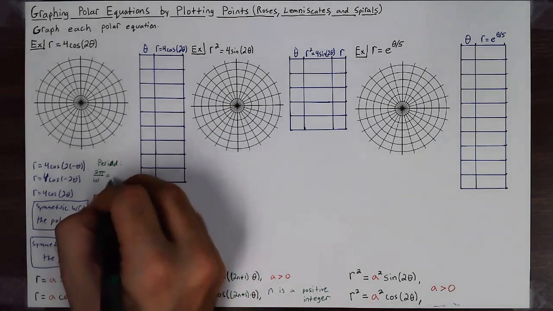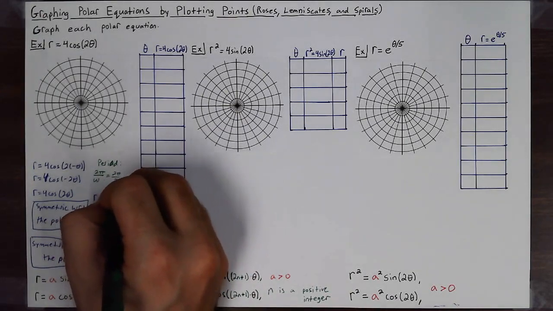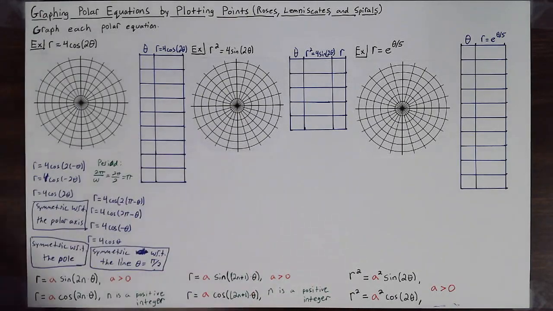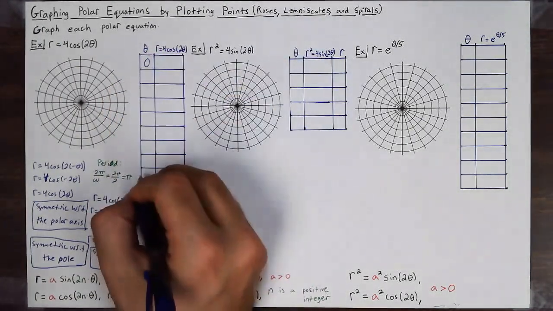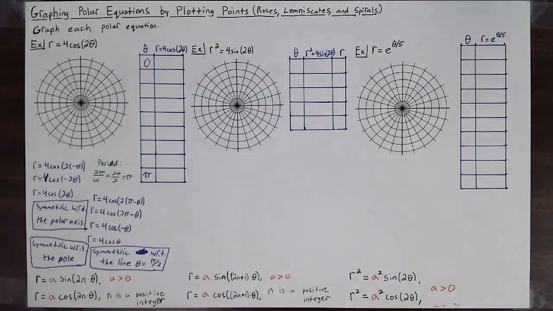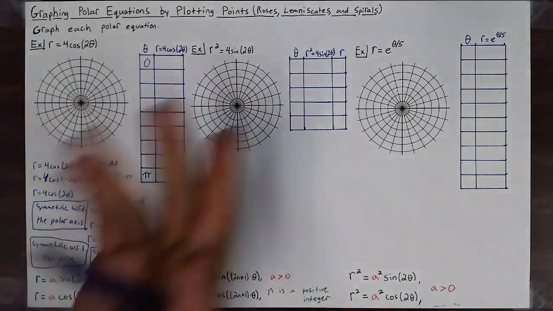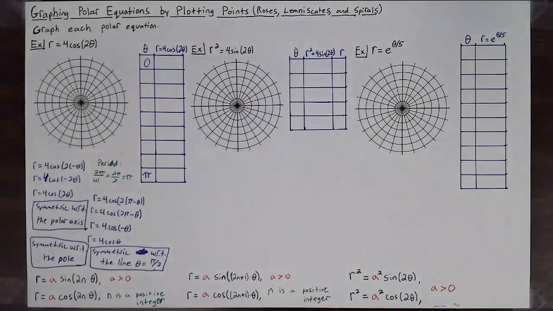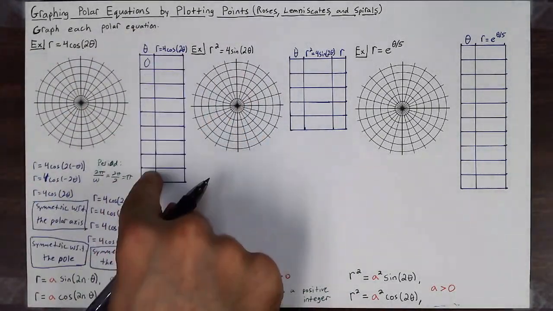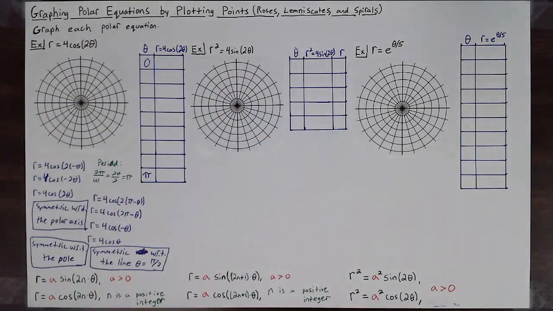So 2 pi over 2 would be pi. So I'm actually just going to plot points from 0 all the way to pi. It's usually the safest bet when you're dealing with these types of functions. But just know that we'll probably start to see repeated values, or when we start reflecting them, we'll see how they'll land on top of each other. But hopefully after one period, it just repeats its values again, all the way up to 2 pi.